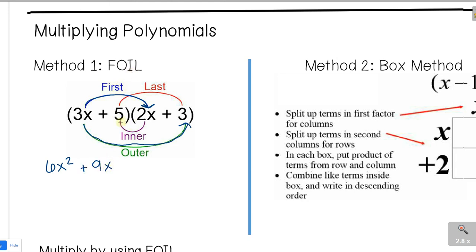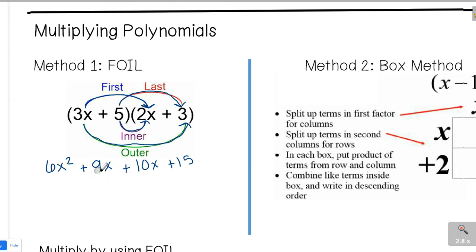Inner, your inner, 5 times 2x gives you 10x, and then L for the last. So last 2 terms. 5 times 3 is 15. Now you add your like terms here.